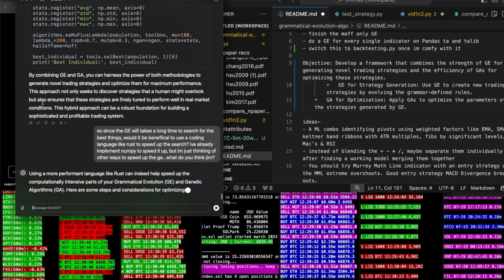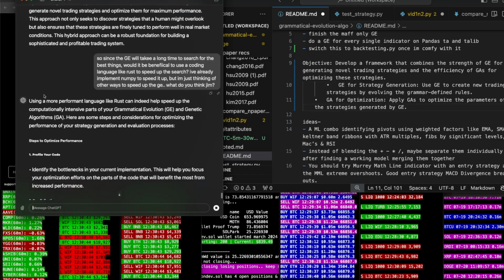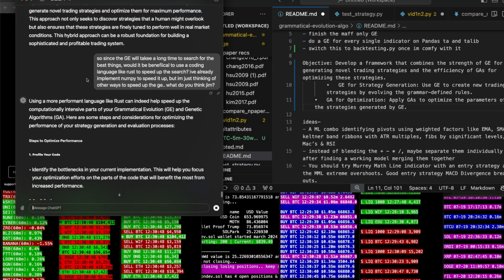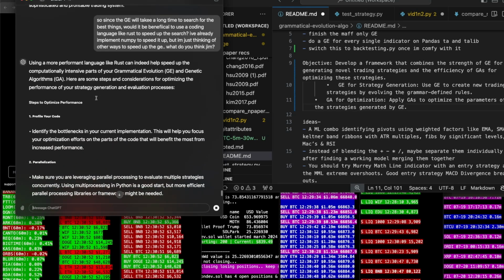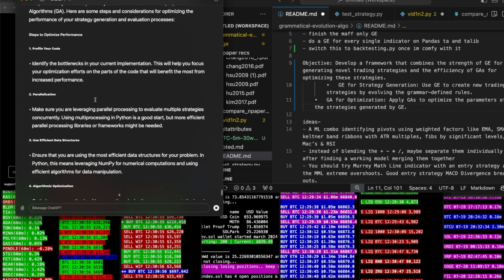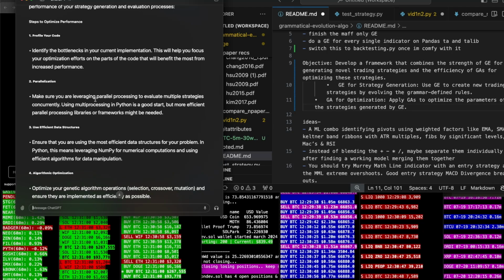Using a more performant language like Rust indeed helps speed up the computation-intensive parts of the grammatical evolution and genetic algorithms. Here are the steps and considerations for optimizing performance of your strategy generation and evaluation processes. Profile your code and identify the bottlenecks in your current implementation.